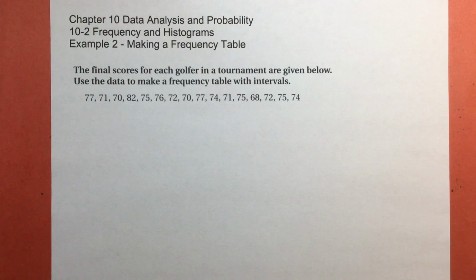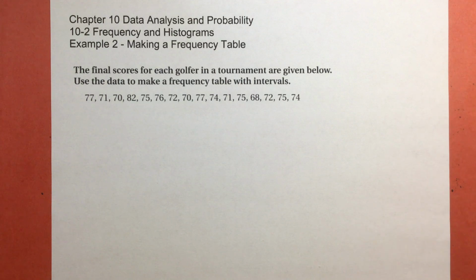So the hardest part about this is making what we call the intervals. And the intervals are going to be like groups of numbers that are in order that have what we call a certain width.